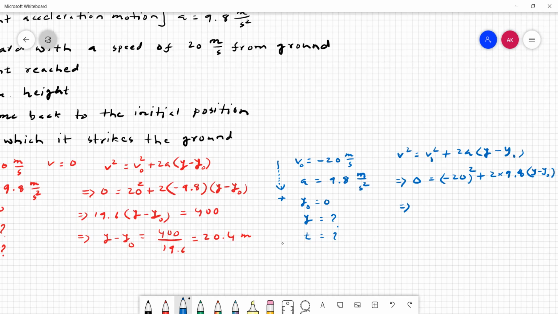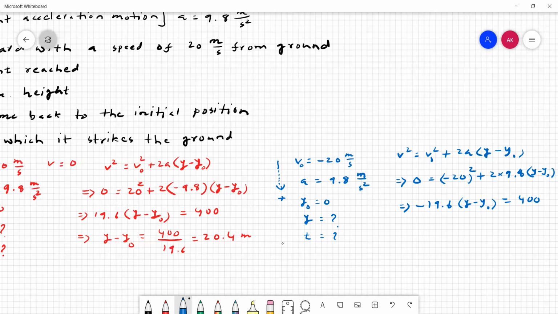Then we have negative 19.6(y minus y naught), and then we have 400 here.